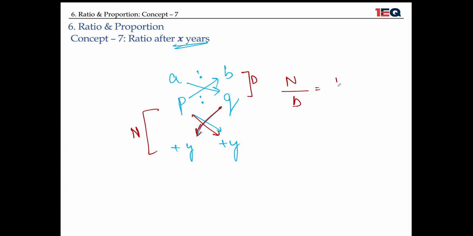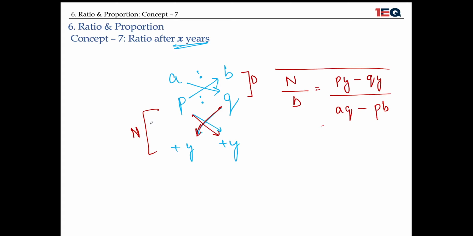In the numerator, this means py minus qy whole upon aq minus pb. Okay, need not remember this formula. Just remember that the lower portion becomes the numerator and the upper portion becomes the denominator.